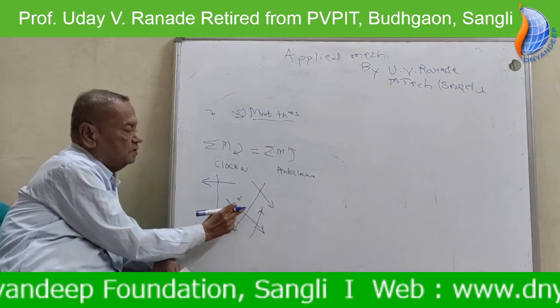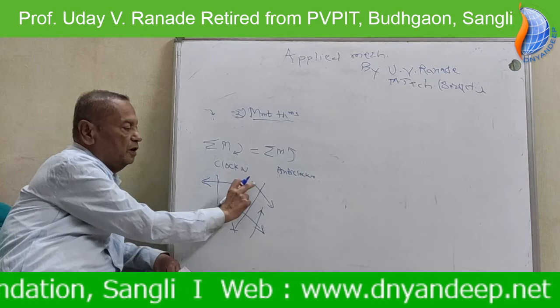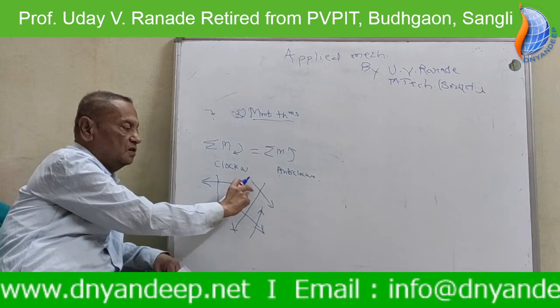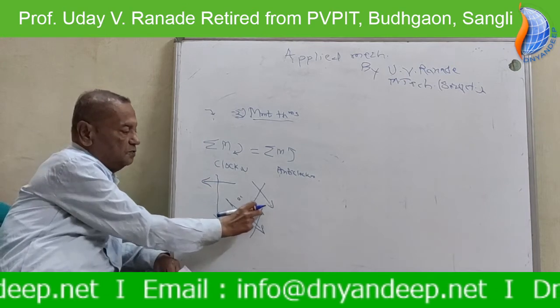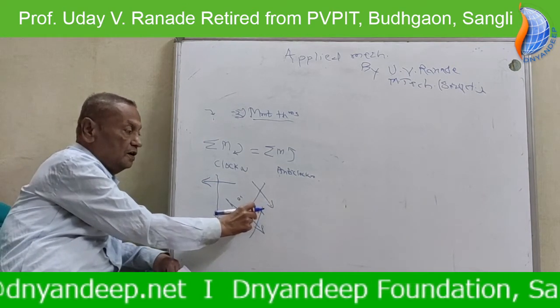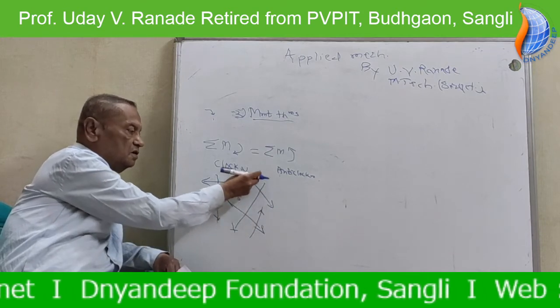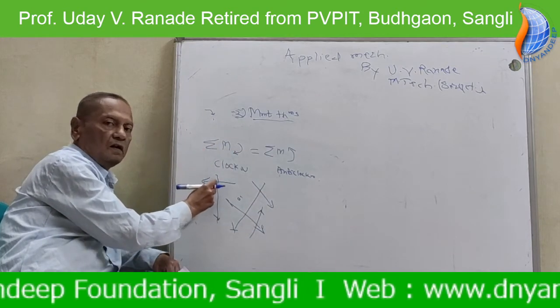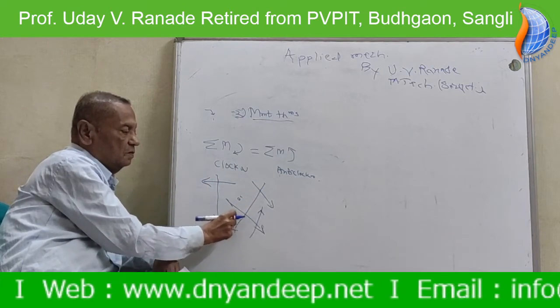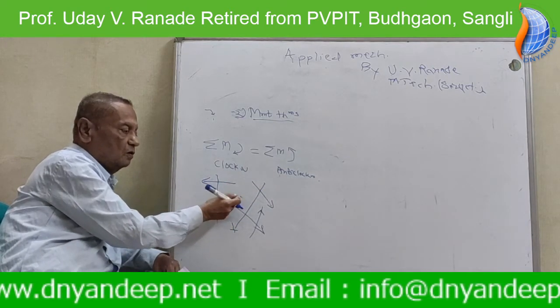Now for this force about the point, if you take moment, whatever the distance, P into X, etc., it is clockwise. Whereas if you consider this force and its moment about this point, it is anti-clockwise. Again this force causes moment clockwise.